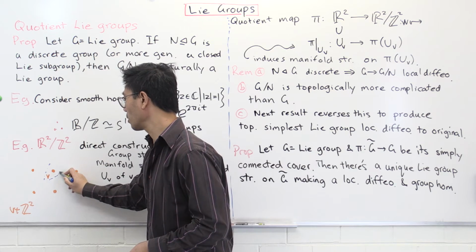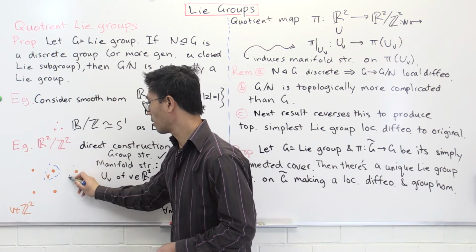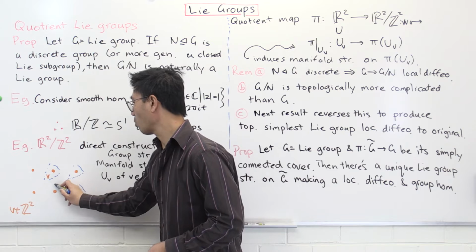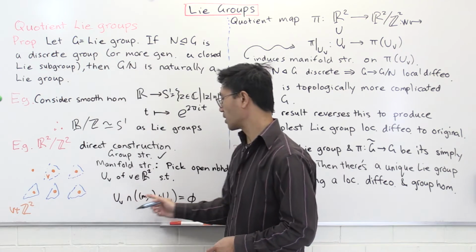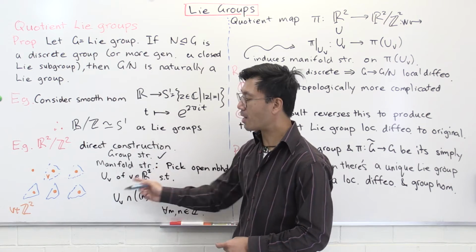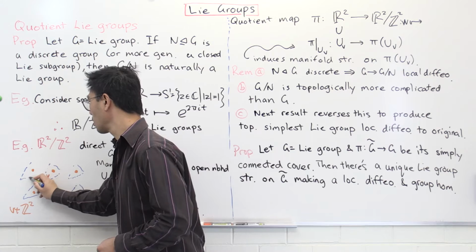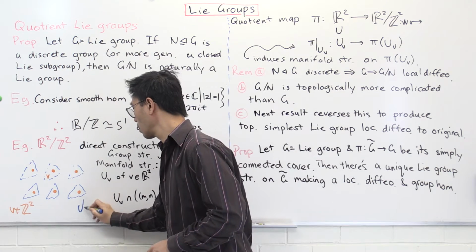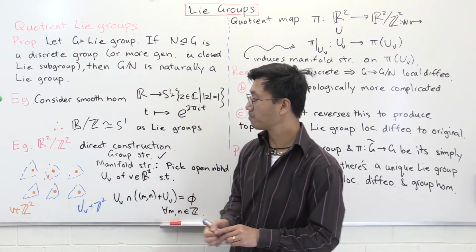It's going to be a little open neighborhood of that, and it doesn't matter how you translate it, this will be disjoint from all the translates, and so by symmetry they'll all be disjoint from each other. Okay, so that's the U_V, and also when you've added all possible Z2s to it.